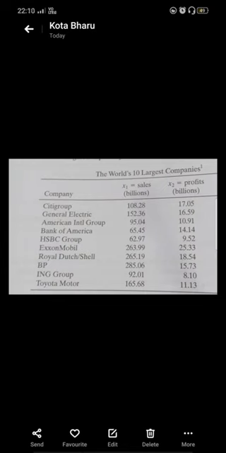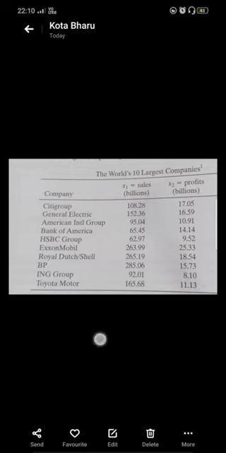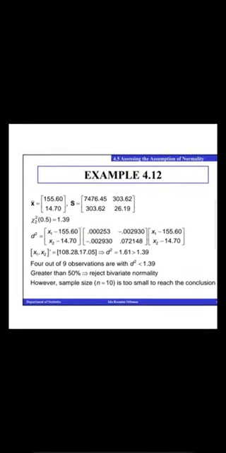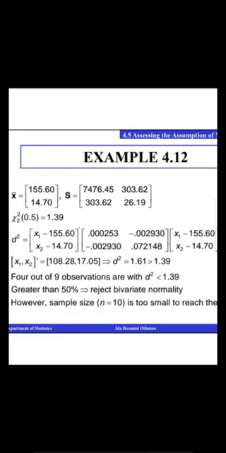Okay, so here is the first observation, x1 108.28 and x2 17.05. So we can replace here x1, x2, d square for the first observation. After we multiply all this matrix, let's say here, actually this is x minus x bar transpose.